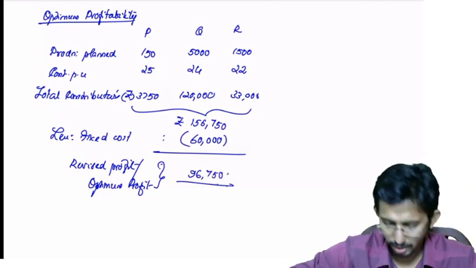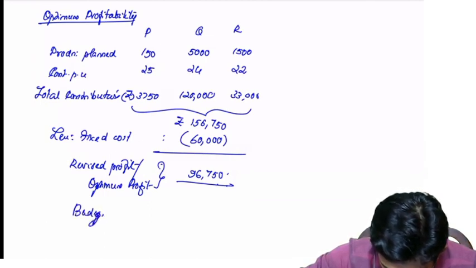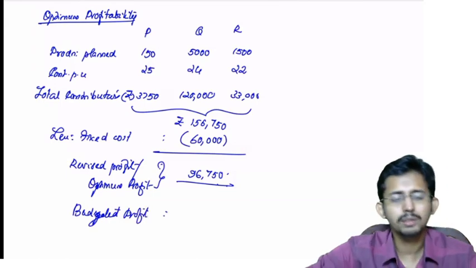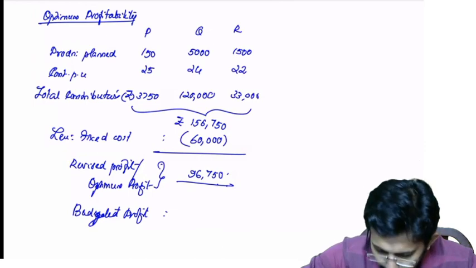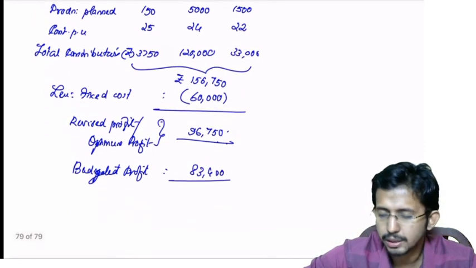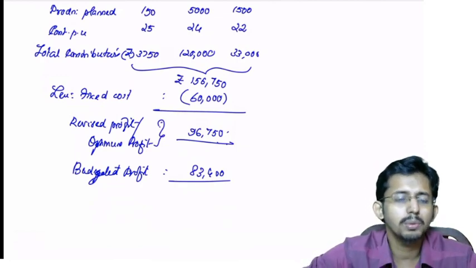Okay. So what was the budgeted profit? Budgeted profit, or the profit for the budget which they had prepared, it was 83,400. So what happens? By adopting this optimum production plan, your profit is going to increase from 83,400 to 96,750.